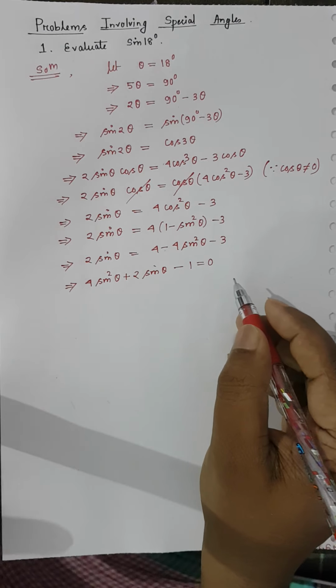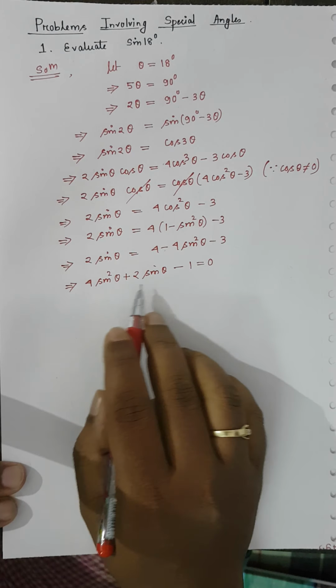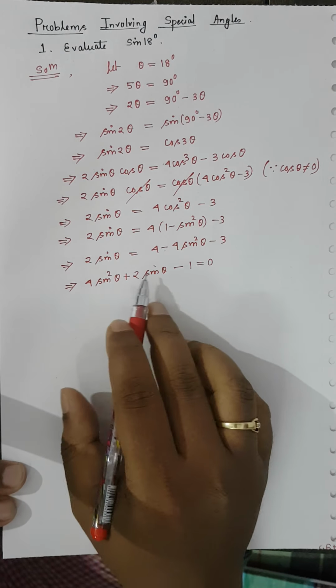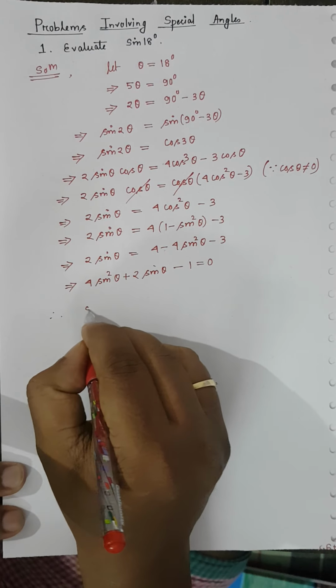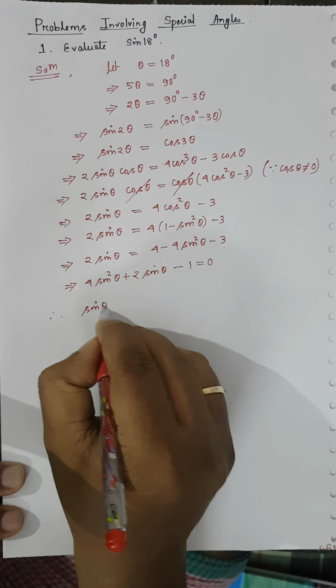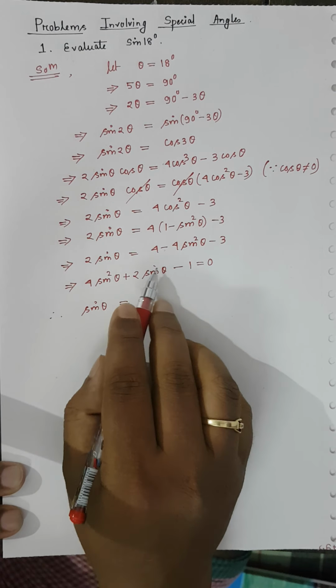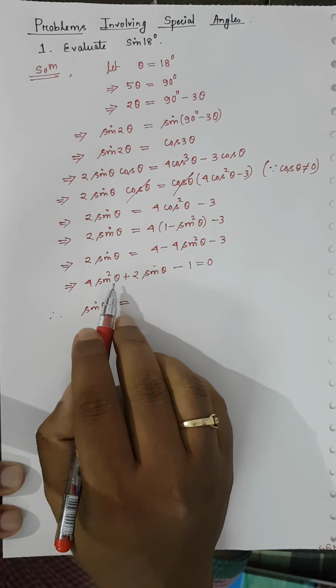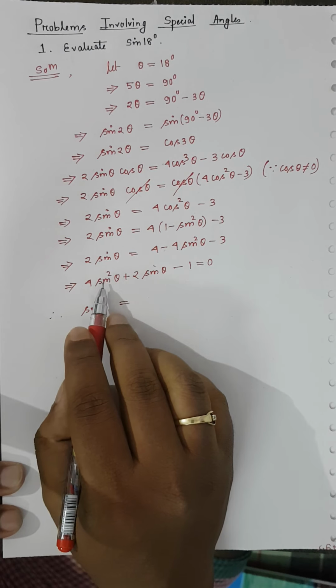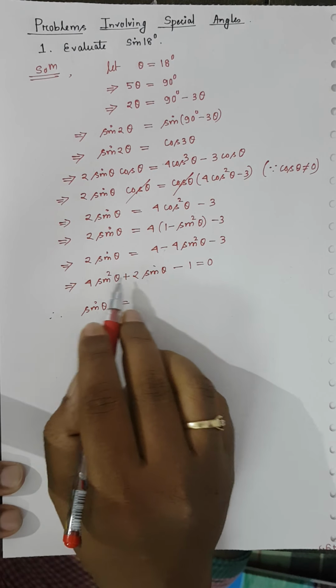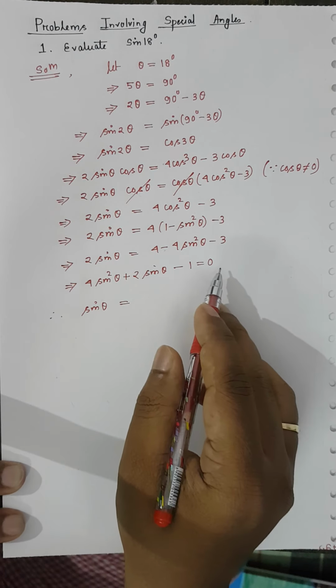You can clearly see this is a quadratic expression in terms of sine theta. So if I solve for sine theta, it is 4 sine square theta plus 2 sine theta minus 1. If I let sine theta is equal to x, it will be 4x square plus 2x minus 1 is equal to 0.